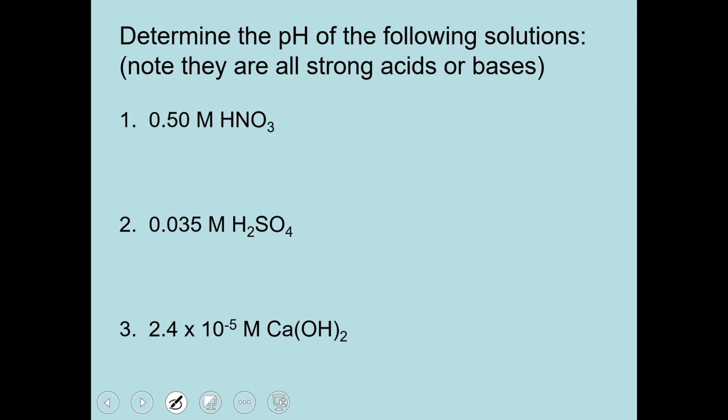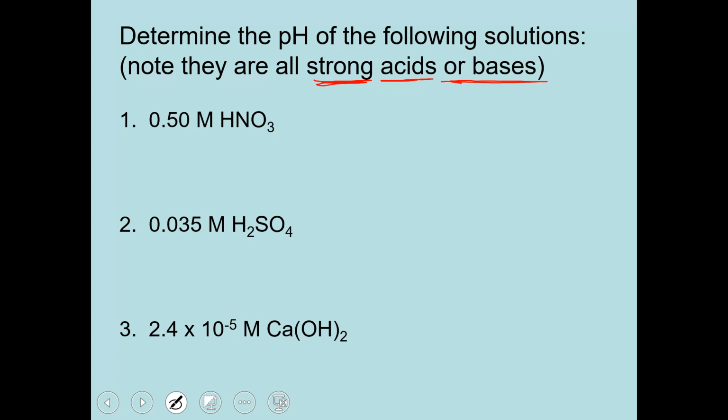Now, this says determine the pH of the following solutions. Note they are all strong acids and bases, okay? We'll give you a list in class of the strong acids and the strong bases. There's a short list that you have to memorize, okay? All other acids and bases that are not on that list are weak acids and bases.